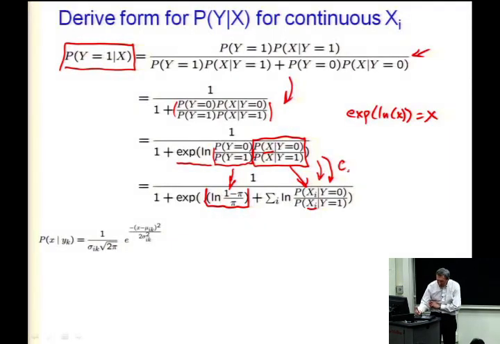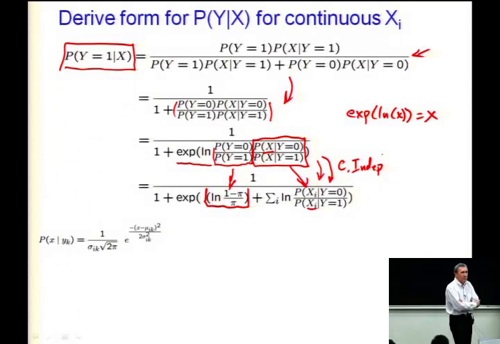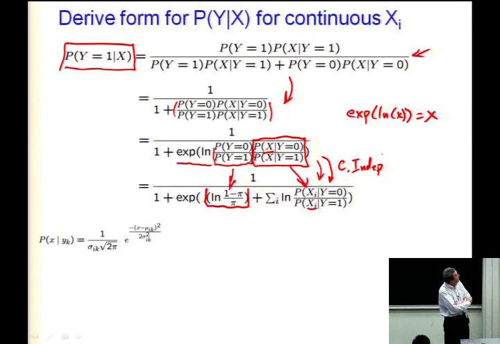So I did bring in my conditional independence assumption here. But so far I haven't used my assumption that x is going to be continuous.